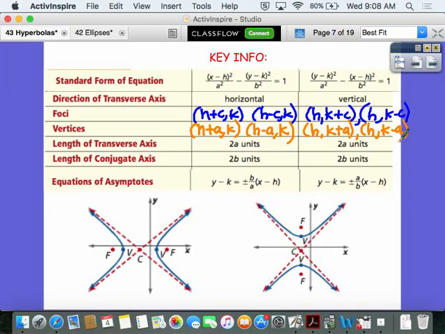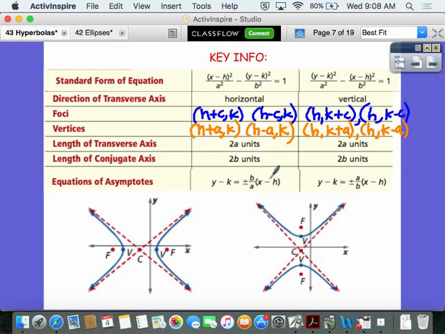Lastly, your asymptotes. Okay? The equations of your asymptotes are as follows. If you notice, these are in point slope form, not slope intercept form. You have y minus k equals plus or minus, because you're going to have two asymptotes, one that's going to have a positive slope, one that's going to have a negative slope. For horizontal, it's going to be b over a, x minus h.